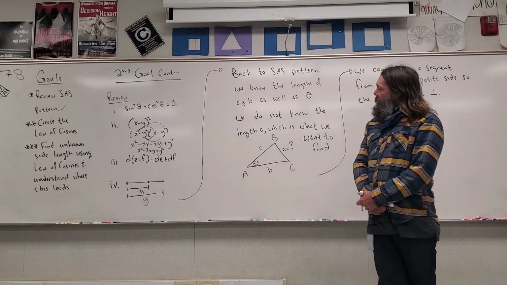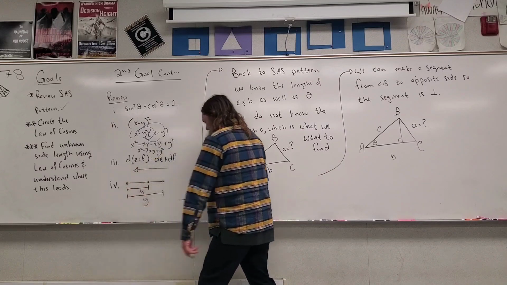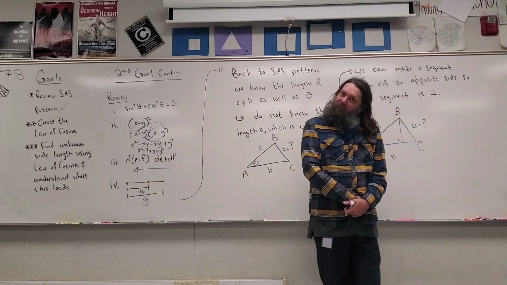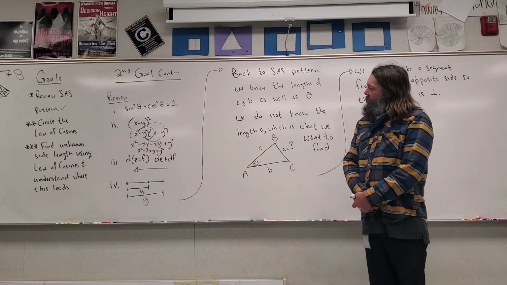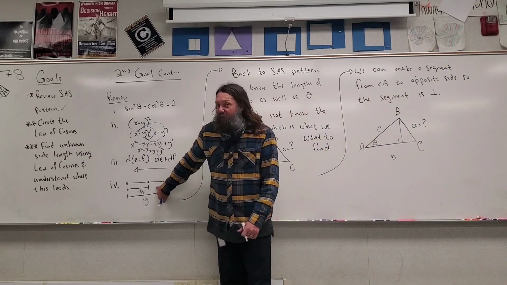The third rule that we're going to need to use from the right to the left. So we need to be less Pavlovian with how we look at things. And the last thing we need to look at is how long this segment is.